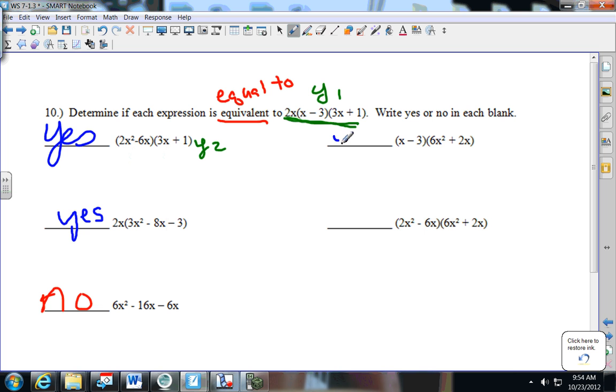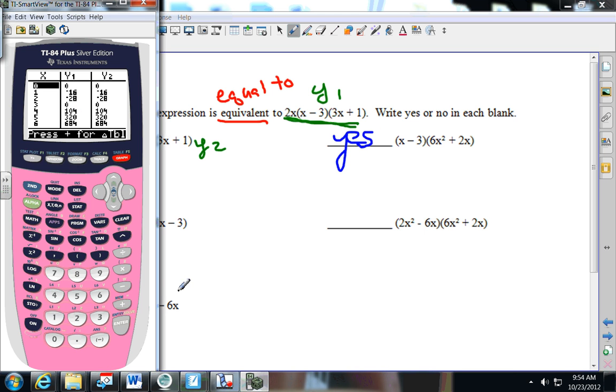Well, let's see. It's supposed to be yes. Next one is in here for y equals. I'm going to go to y2, clear it out, and put in there 2x squared minus 6x times 6x to the second plus 2x. Second graph. These two columns are not the same, so they are not equivalent.